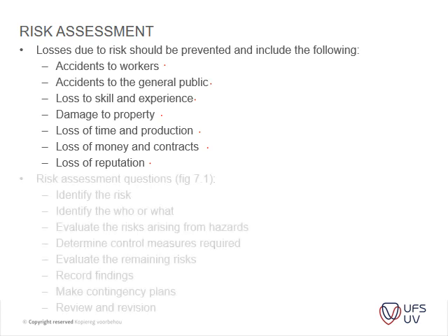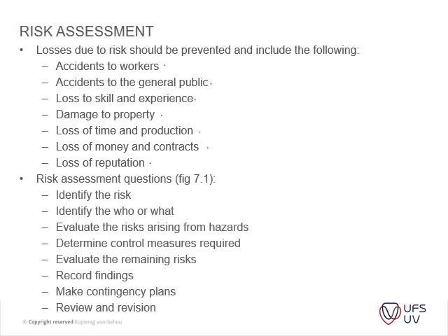But the basic steps that's highlighted in figure 7 is, firstly, you need to identify your risk, and then you identify who or what might be harmed, and then you evaluate the risk arising from hazards, and then you determine the control measures that is required.